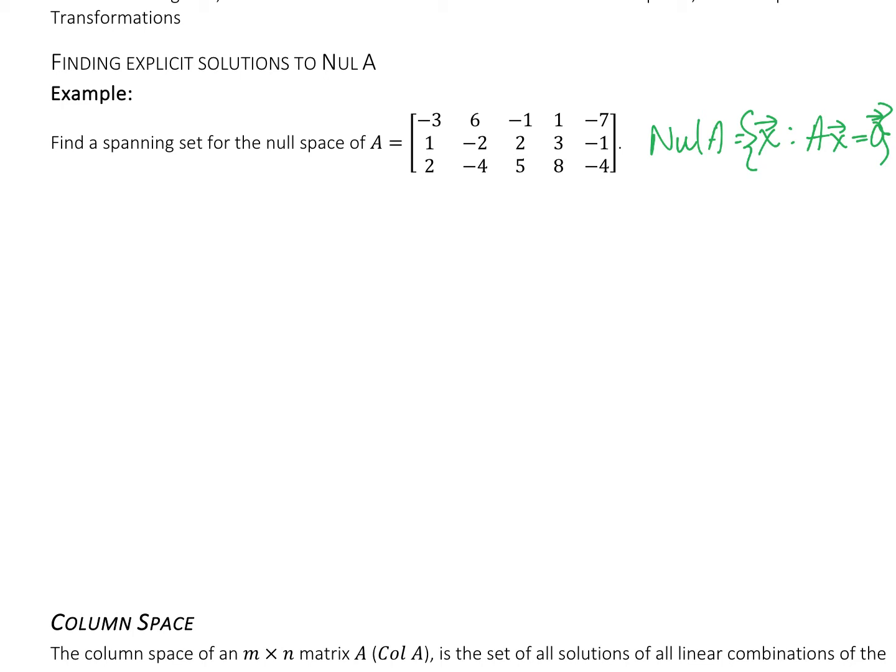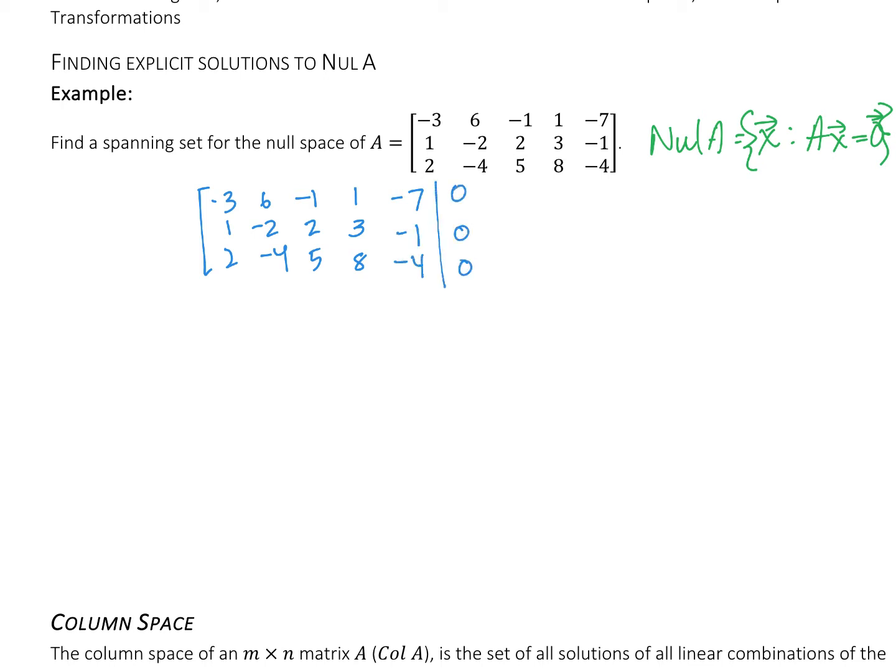So we're going to set up our matrix to solve the homogeneous equation. So you ready? I'm going to set up -3, 1, 2, 6, -2, -4. Sometimes I like to go down by columns, sometimes I like to go across by rows when I write it.